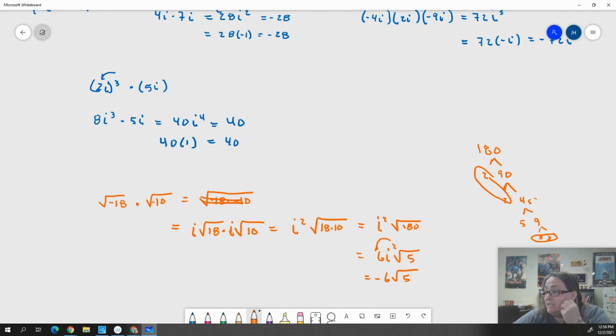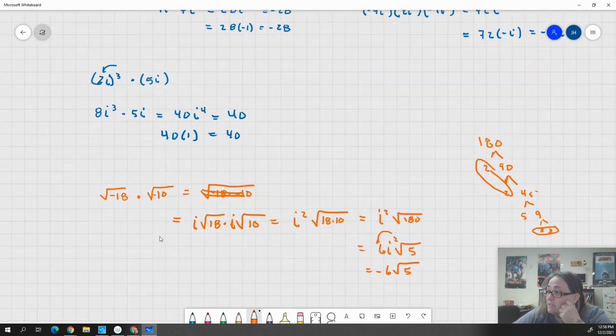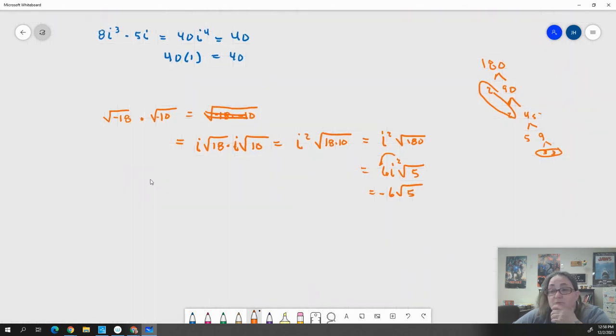Any questions pertaining to this? Is there anything that we did that you don't understand that you'd like to see a little bit more of or practice with? What kind would you like to see, Race? Of the multiplication ones or the square roots?